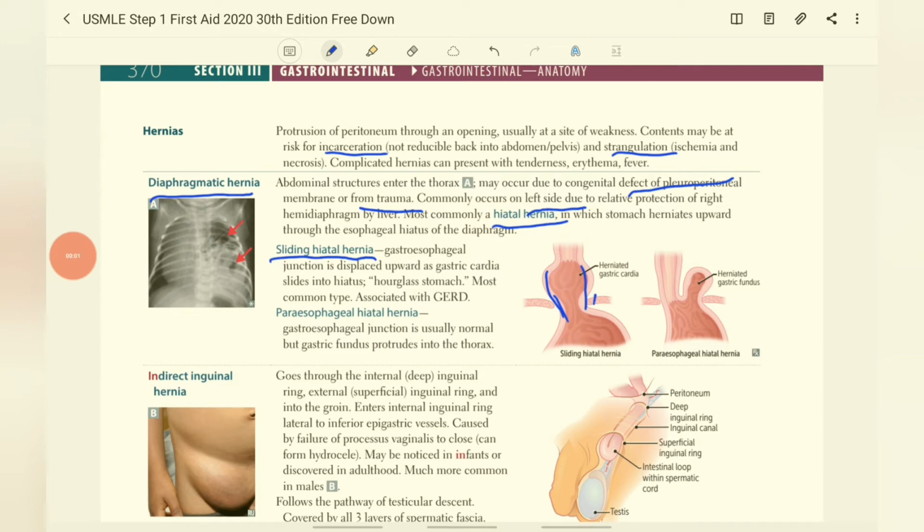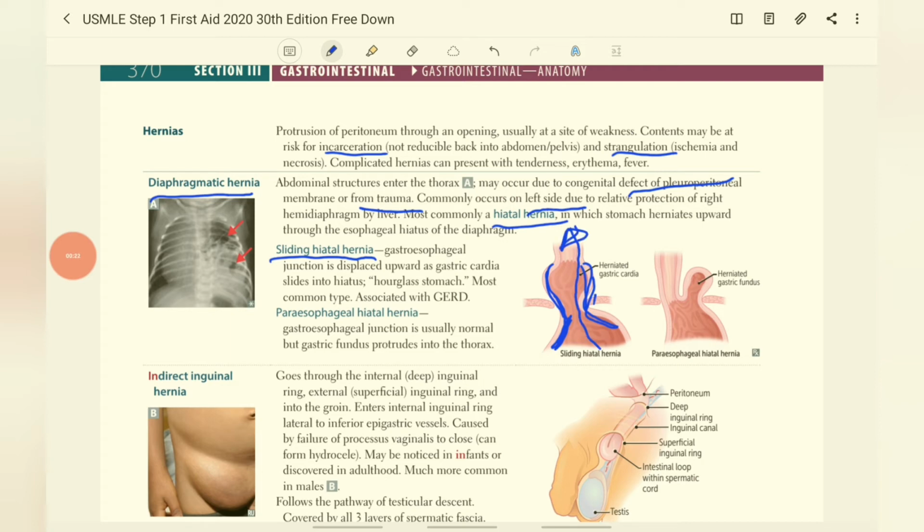This leads to an hourglass appearance, like this. These have more association with GERD, because the gastric contents can easily go out through this space.